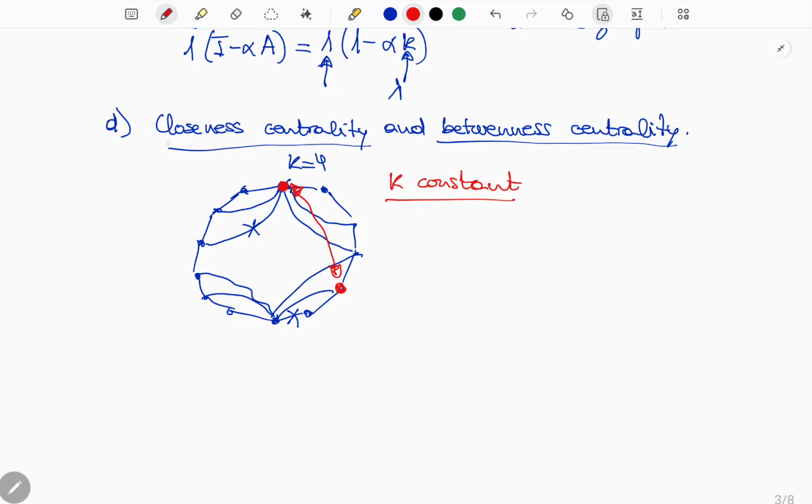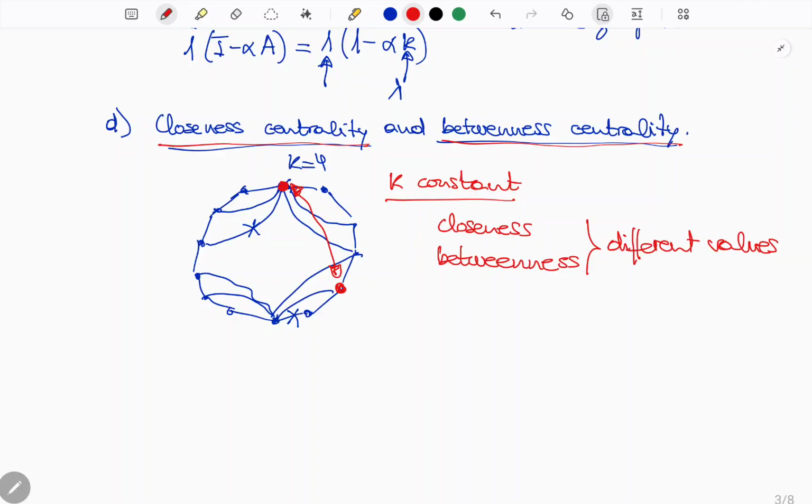And when you compute the closeness centrality and the betweenness centrality of the whole network, you are going to see that there is now some ranking. Neither closeness centrality nor betweenness centrality is going to give the same result for all the nodes; now we have different values.